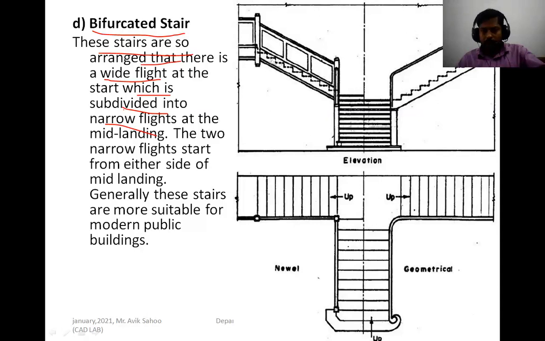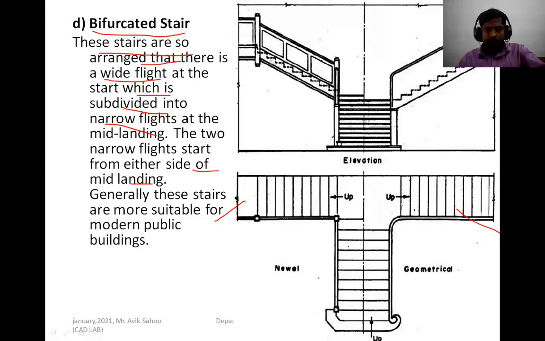After the landing, when the first flight ends, it is subdivided into two narrow flights. This is one flight, this is another flight, from either side of the mid landing. So this is a landing.